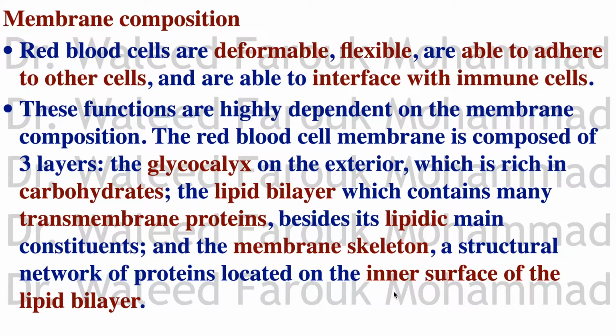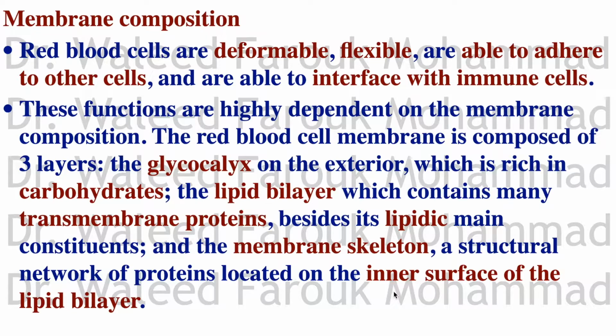The membrane composition: the membrane is responsible for the blood corpuscle's ability to deform itself and for its flexibility, and also for adherence to other cells, and it is also able to interface with immune cells.